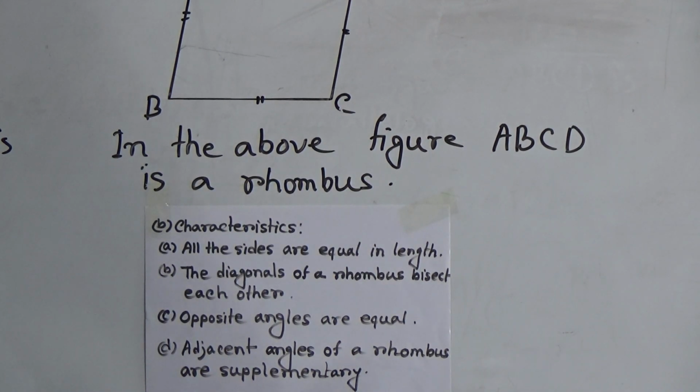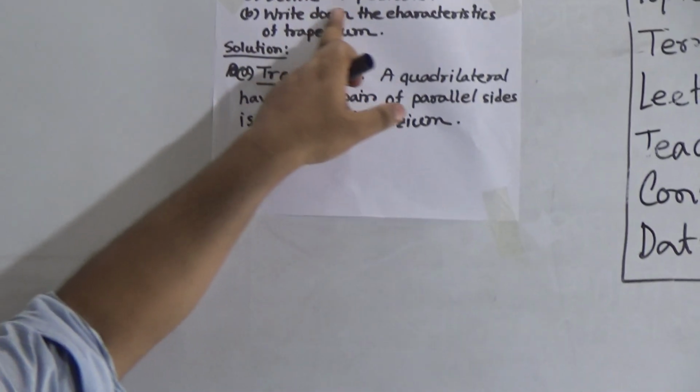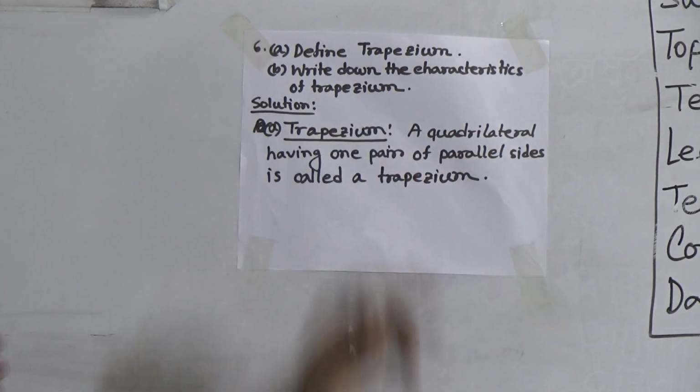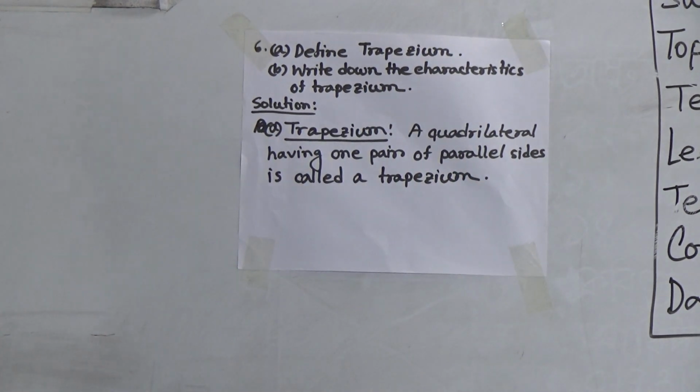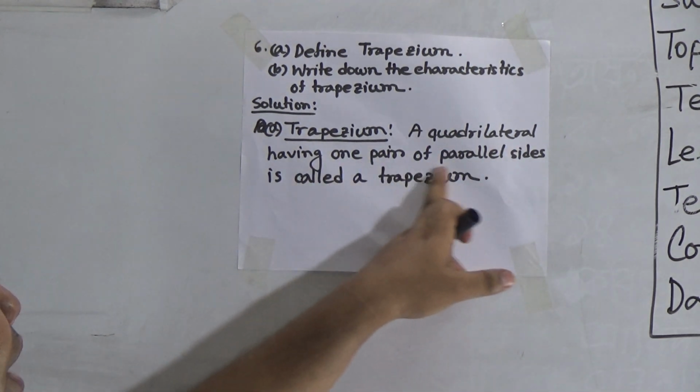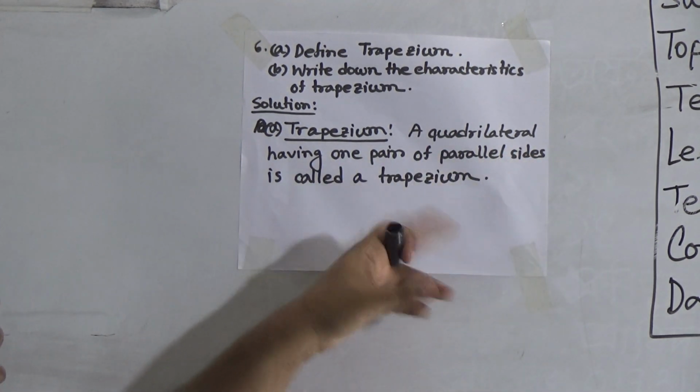Okay, so question number 5 is done. Next we shall solve question number 6. A, define trapezium. B, write down the characteristics of a trapezium. It is one kind of quadrilateral. So notice, a quadrilateral having one pair of parallel sides is called a trapezium.